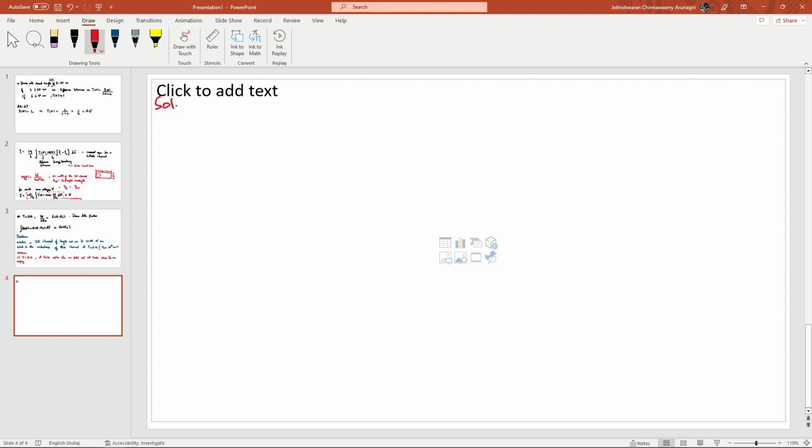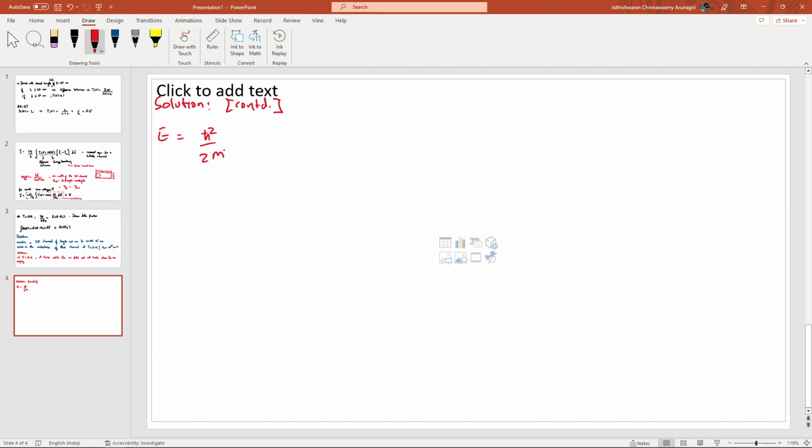So yeah, we have the solution continued. This implies that, first and foremost, since this is a 2D material, we know that the energy of the electron is given by h bar squared by 2m.